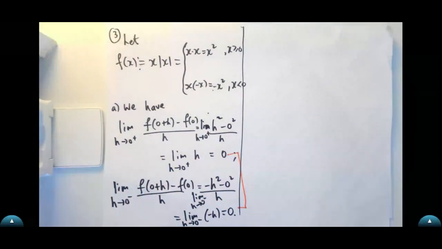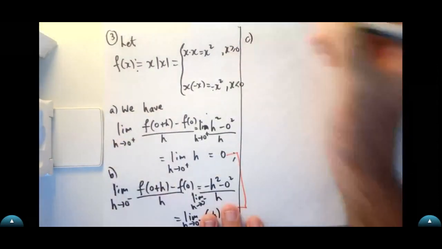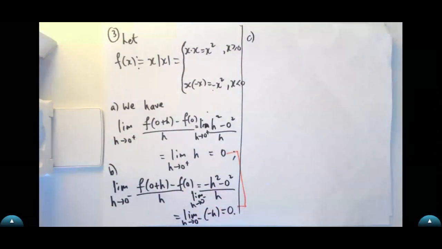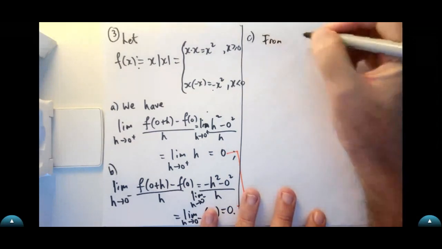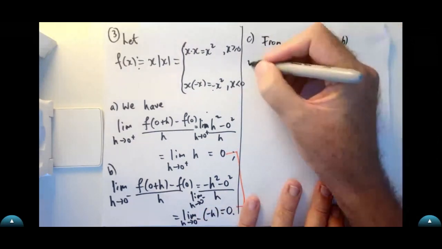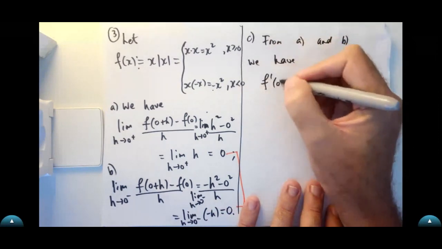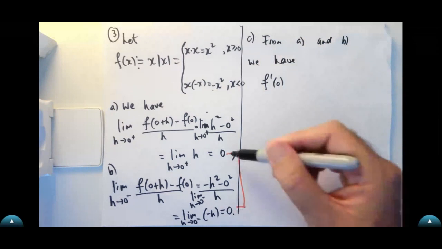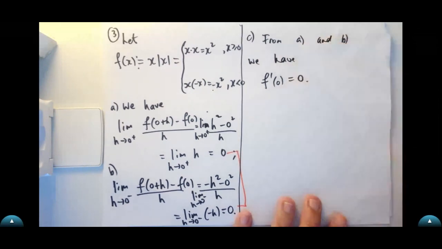And that was part B. That then tells us what the derivative of this function is going to be at x equals 0. So from A and B, we have the derivative is going to be the joint equal value of these things.